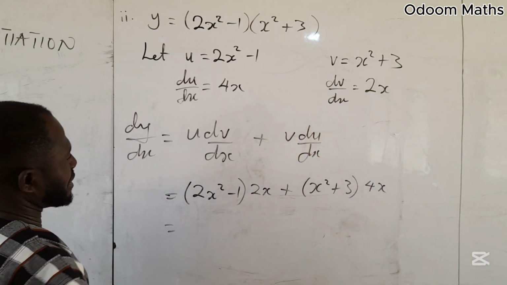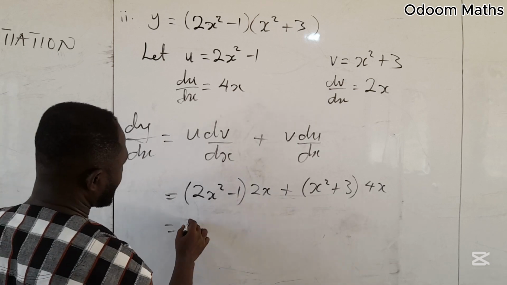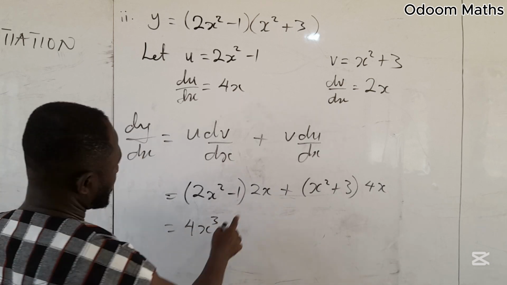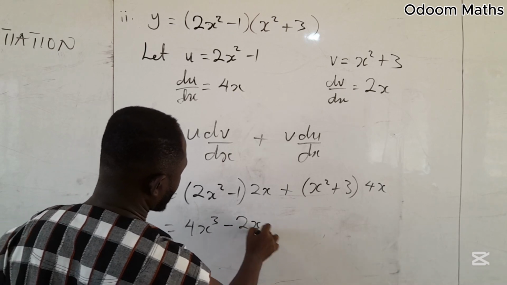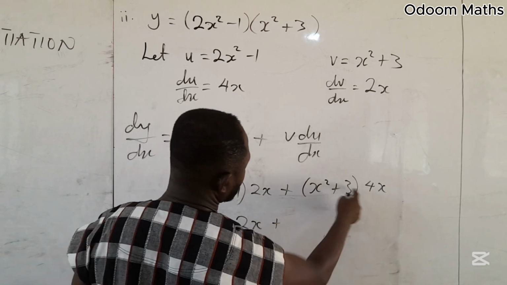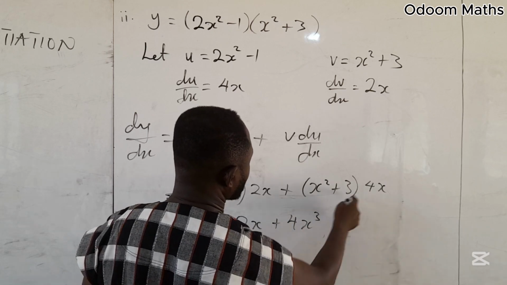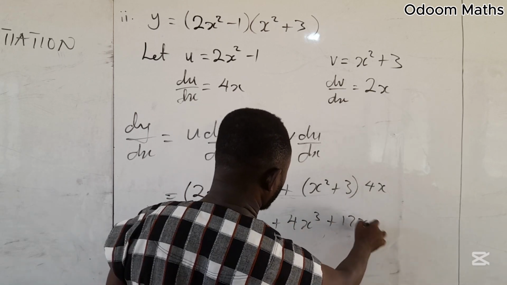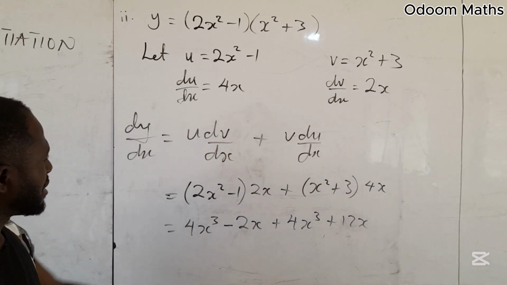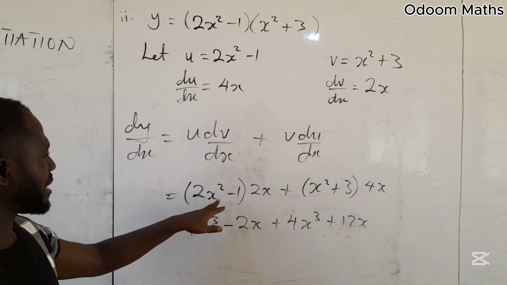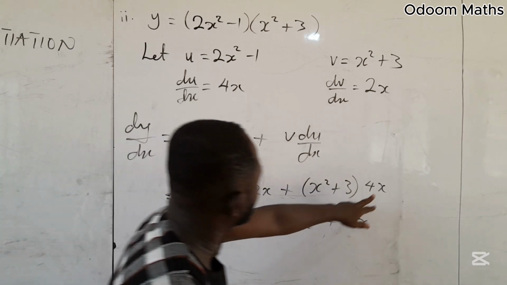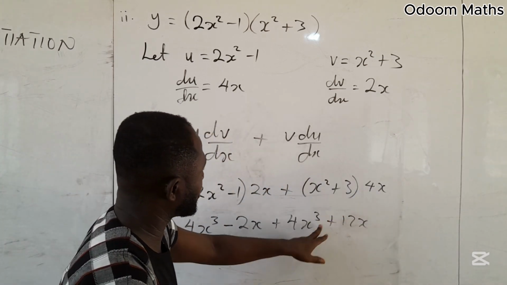Okay, so let me expand this. Now this is going to be 4x cubed. Then this and this becomes minus 2x. Then plus, this is going to give me 4x cubed. Then this is plus 12x. So this is 4, then x to the power 3, and then this and this is 4x to the power 3.